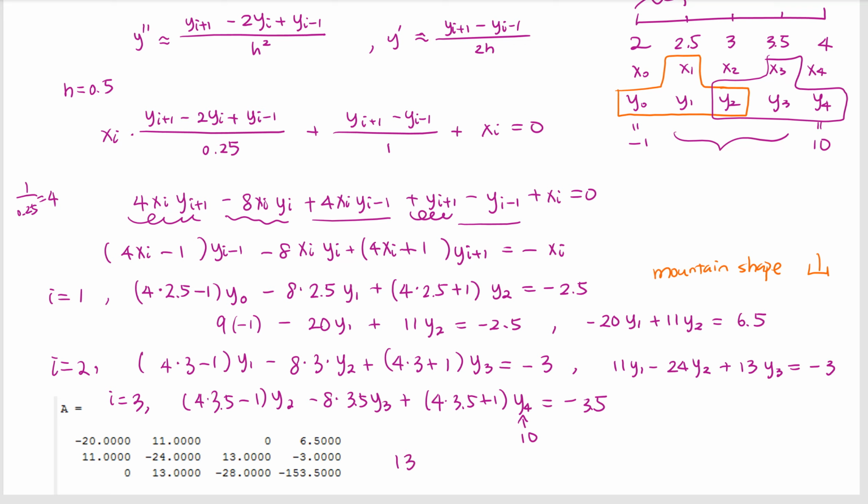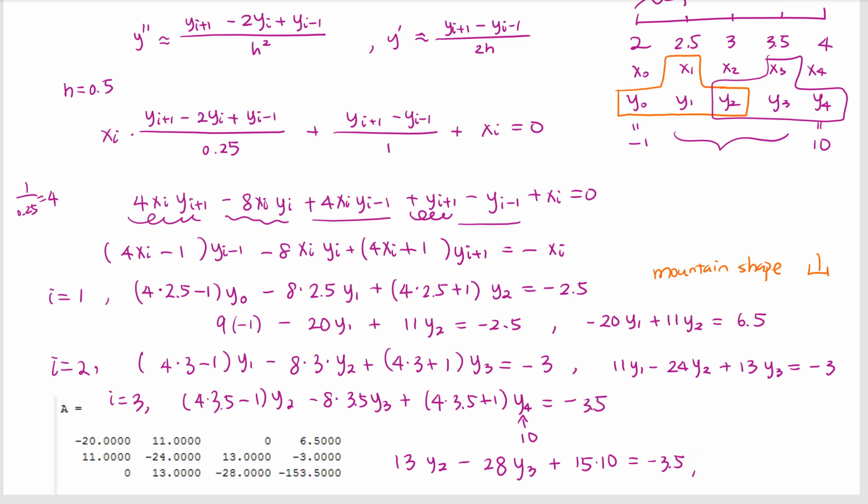So we have 13y2 minus 8 times 3.5. We can actually think of that: we borrow 2. 2 times 3.5 is 7. And then 7 times 4 is 28. y3 plus 14 plus 1, 15. y4 is 10 equals minus 3.5.